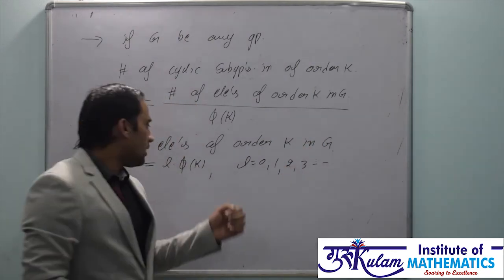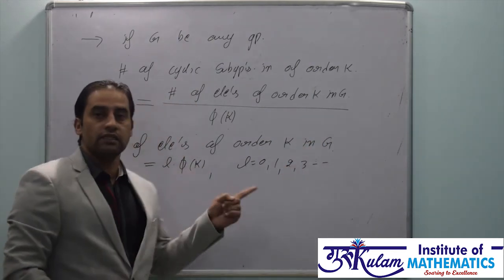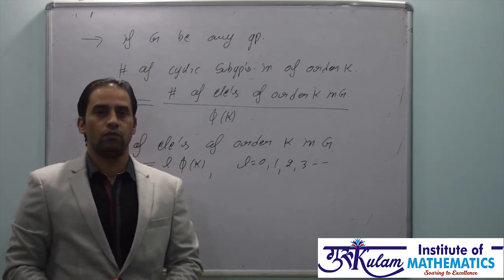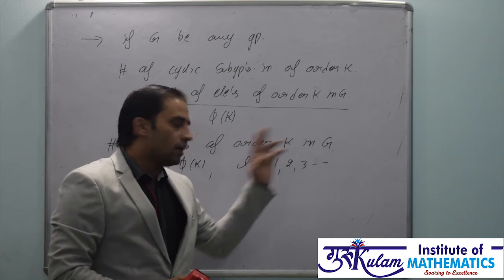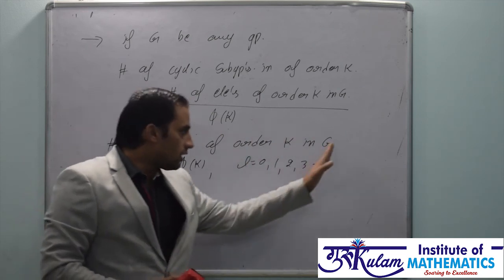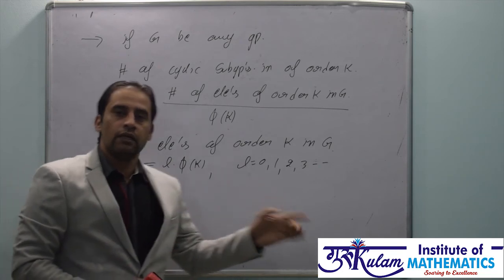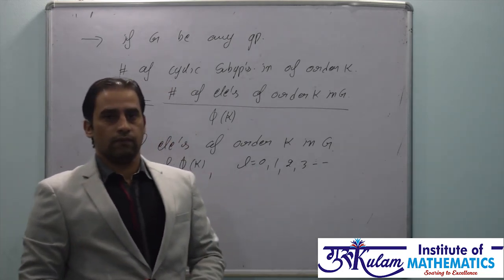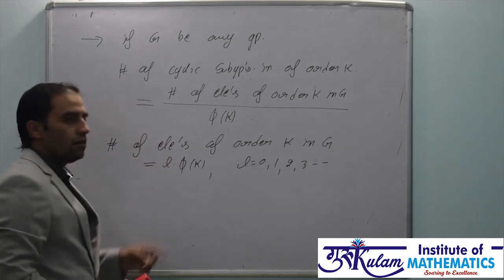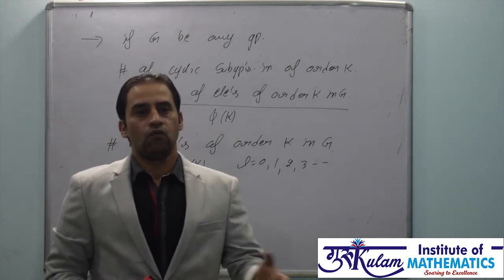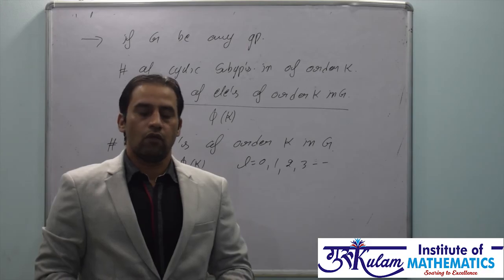That is, the number of elements of order k is always a multiple of phi of k in every group. This need not be a cyclic group. If it is cyclic, then there are exactly phi of k elements, provided there exists at least one. So based on this property, we can count how many possible elements there are in any finite cyclic group or finite group.